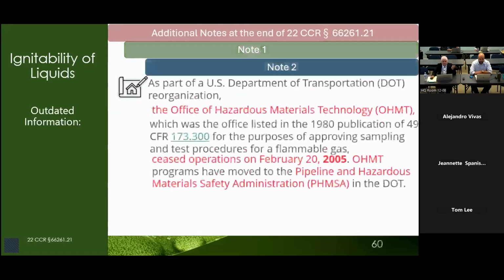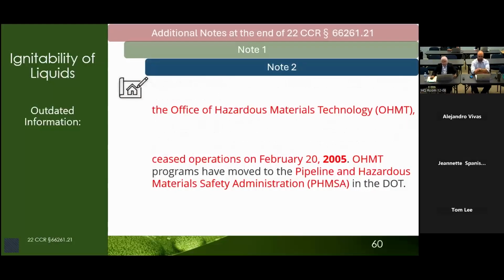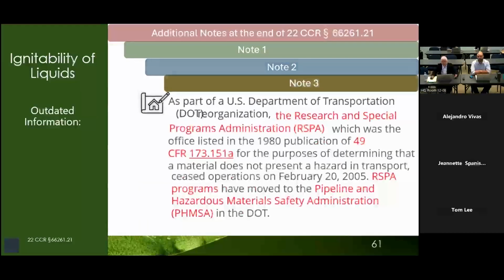Similarly, Note 2 details the functions of a defunct program by stating that it had ceased operation in 2005 and that this program, which is abbreviated as OHMT, has moved to another program under the USDOT. Let's look at what information is provided by the next note.